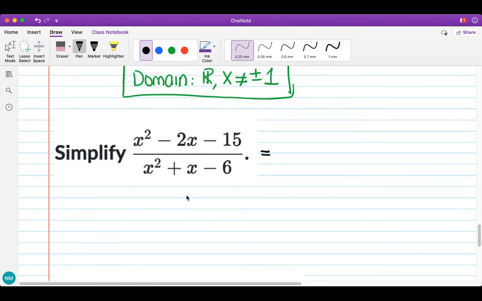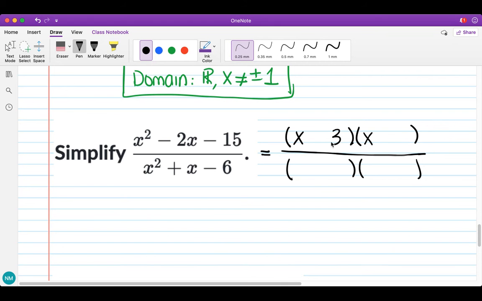I encourage you to try it on your own, but I'm going to do it pretty quickly because if you know how to do this at this point, you don't want to sit through me explaining every single step. Okay, so reverse FOIL. What two numbers multiply to negative 15 and add to negative 2? So 1 and 15 is not going to work. I have 3 and 5. 3 and 5 will work, right?